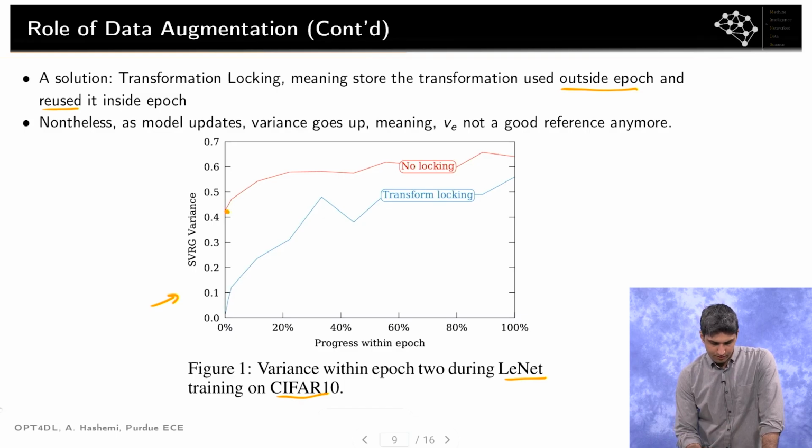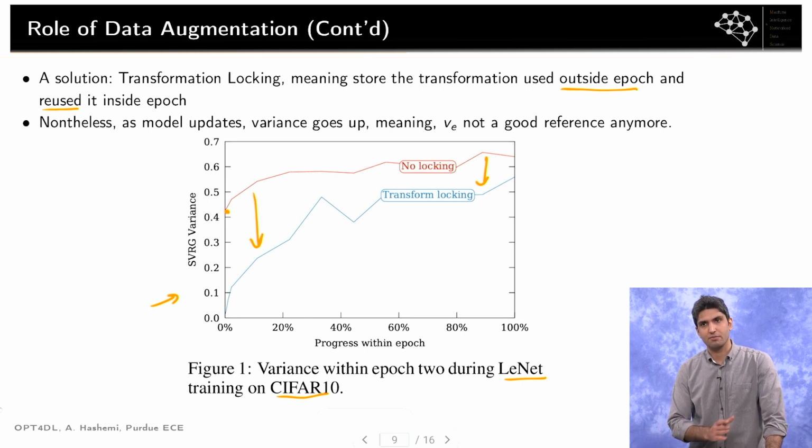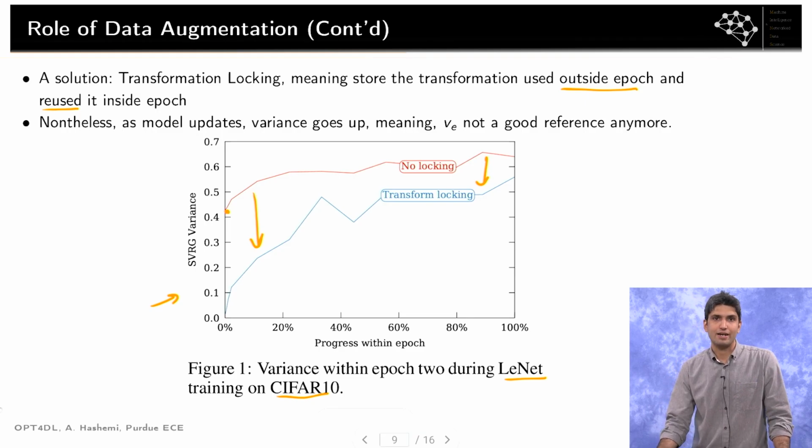As you can see here, this helps reduce the variance, but nonetheless, as we progress inside an epoch, the variance starts to go up. This is natural because as I'm progressing, I'm updating W while my reference is fixed, so the variance has to go up.